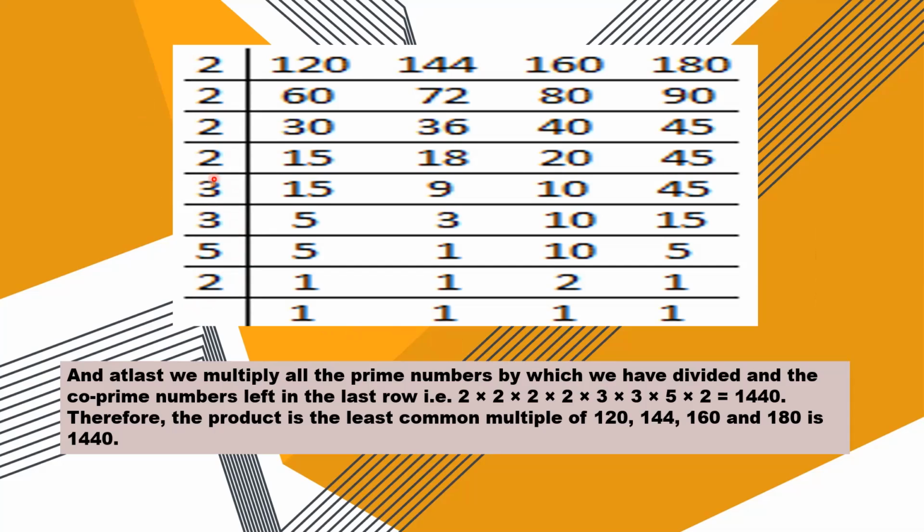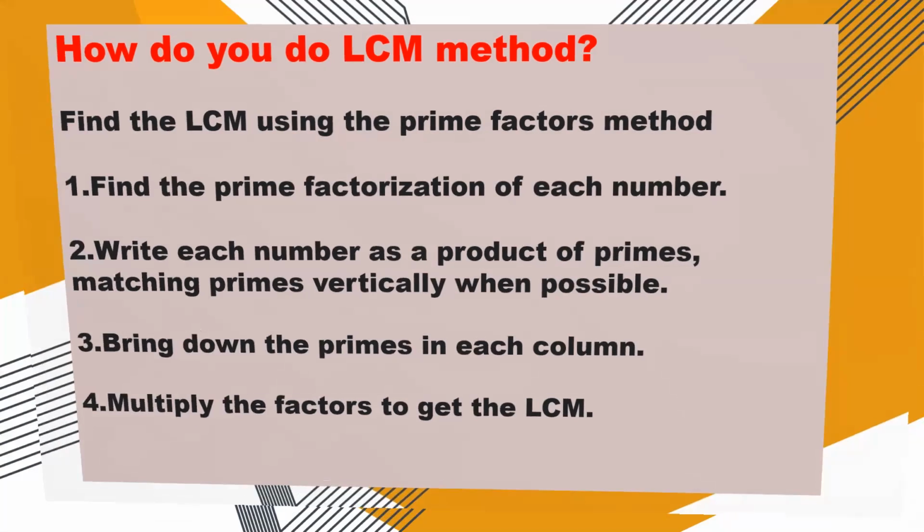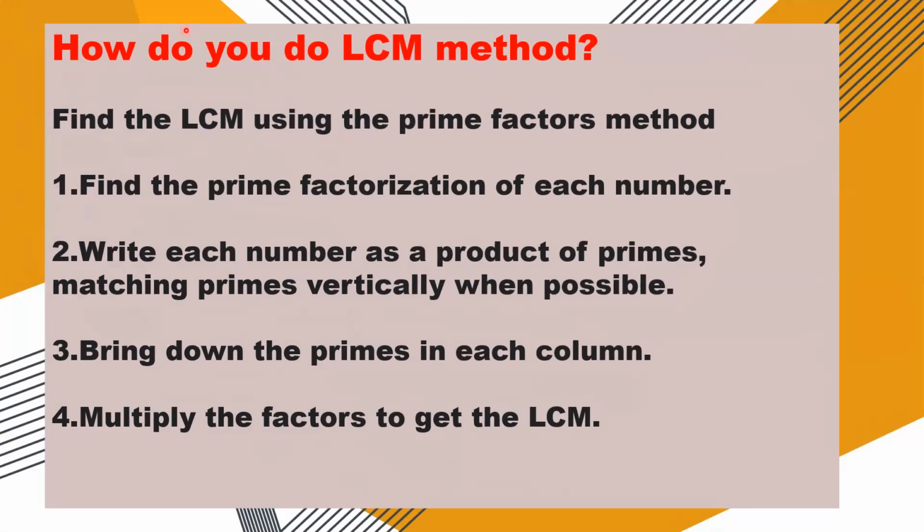So when you multiply all these numbers, the answer is 1,440. Therefore, the least common multiple of 120, 144, 160, and 180 is 1,440. Okay? That is how you do the LCM method.